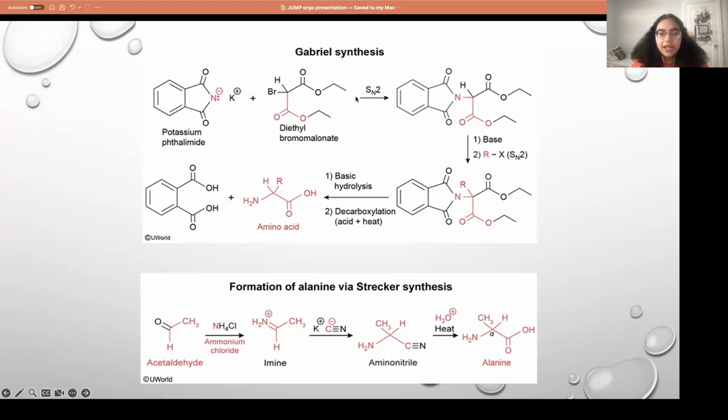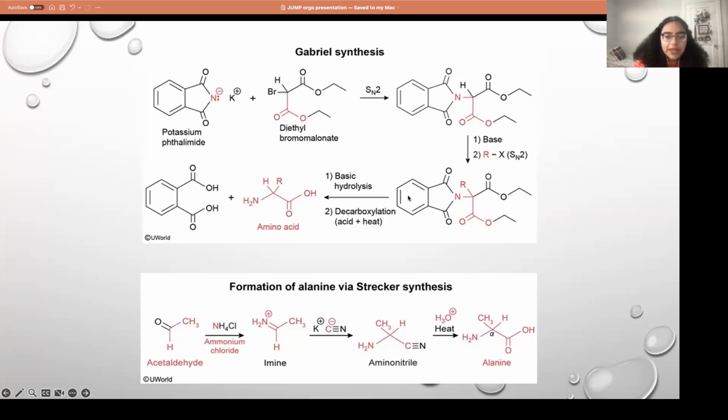So first you have the SN2 reaction, and then you use your alkyl halide, which is the next step going down there. After adding heat, you end up with an amino acid. I think this photo does a good job of keeping in red what becomes your amino acid, so you can see where it's made from.